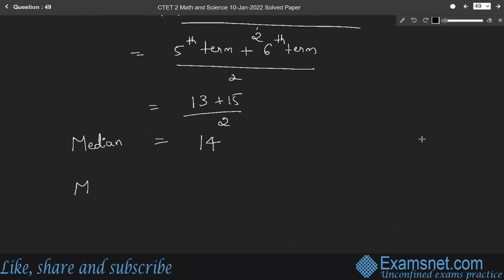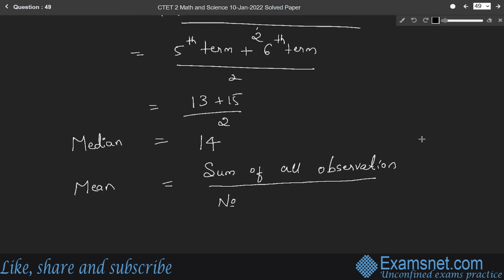So what about the mean? Mean is equal to the sum of all observations divided by the number of observations.